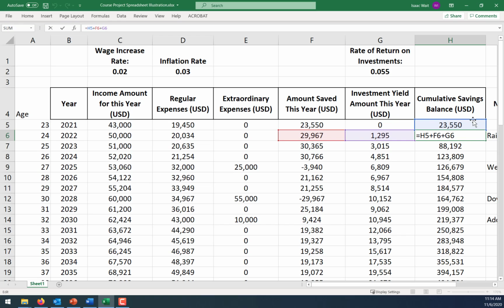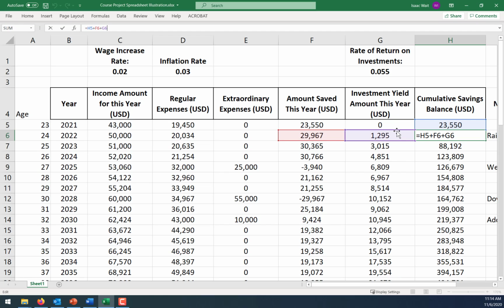So the cell above. So it's last year's balance plus the new money that you saved this year. So the leftover income from this year, and then also the investment yield amount from this year. So that's the interest that was based on last year's earnings. And so there's 3 components that are going to be increasing the cumulative savings balance.